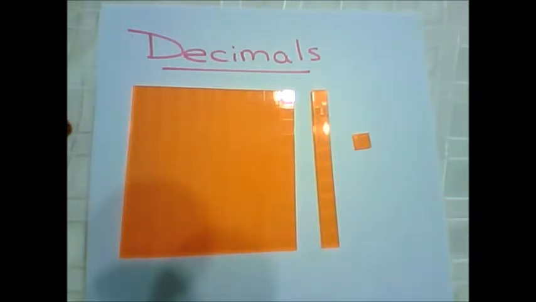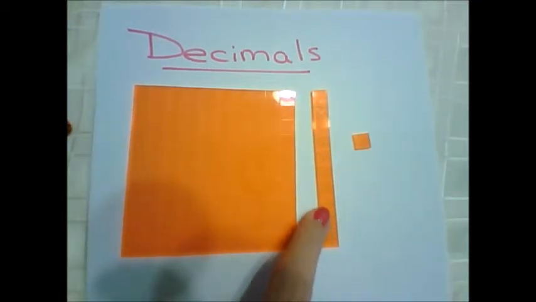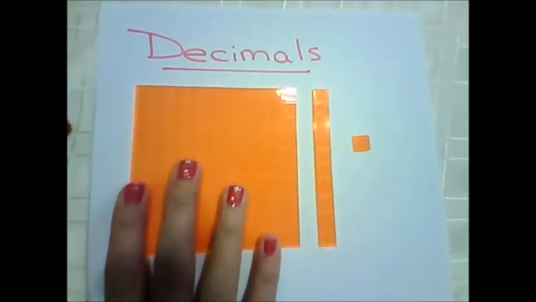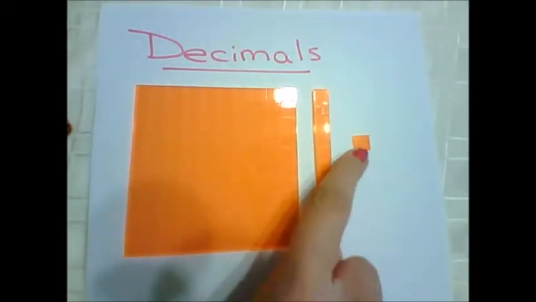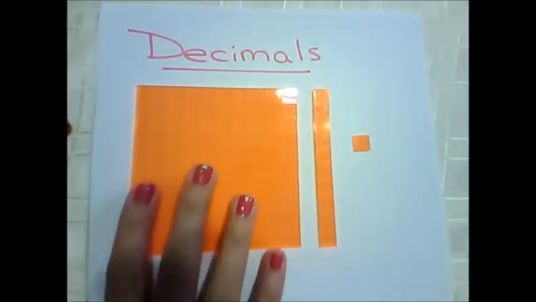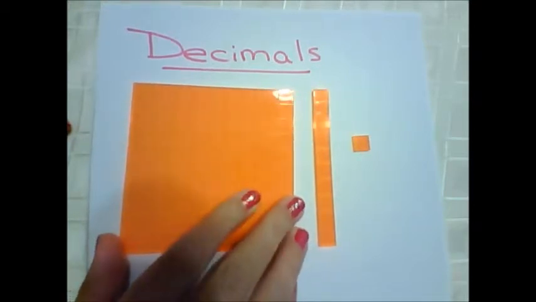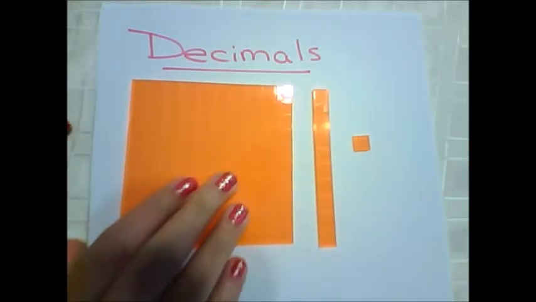This is what we call a flat, a rod, and a unit. The flat encompasses 100 units. So this is a flat, aka 100. It's a representation of 100 because we actually have 100 units in this big large piece.